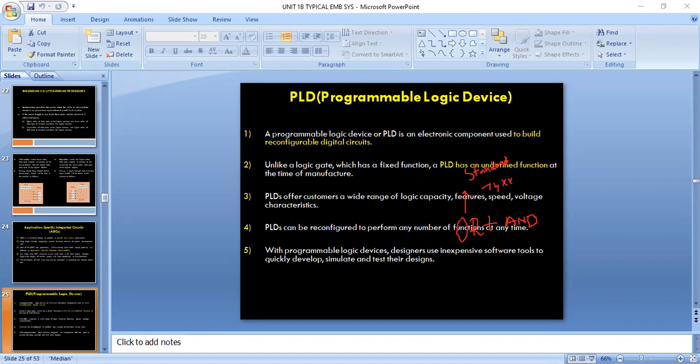You might have done experiments in your digital electronics lab with all these standard ICs. Now, what is my requirement? I need OR logic, I need AND logic, where you can connect ICs like this. You can use that in your application.